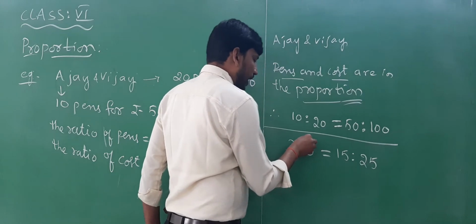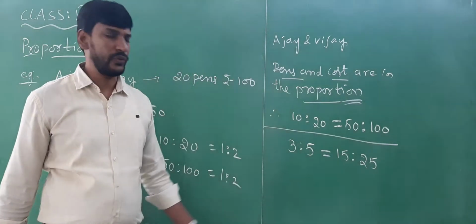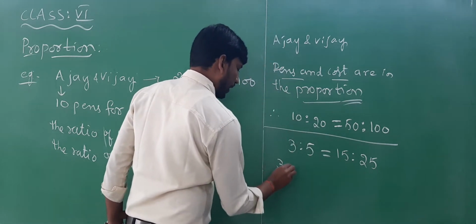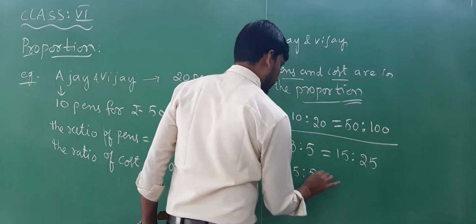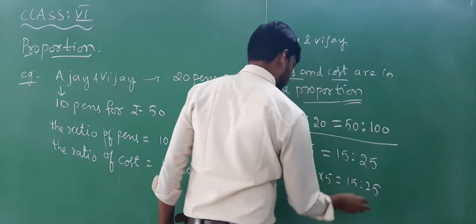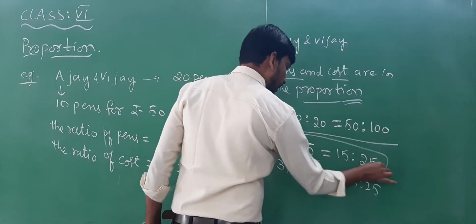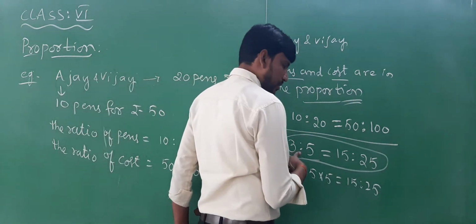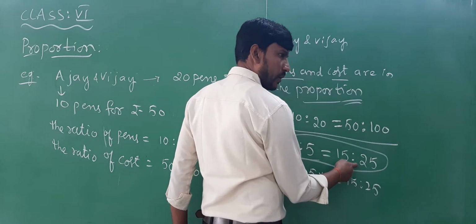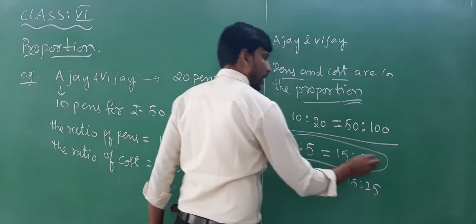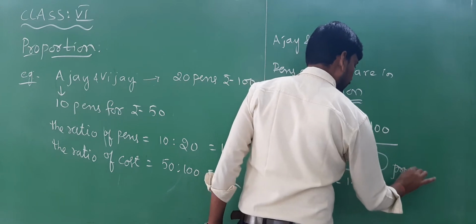Here I am finding the equivalent ratio of this ratio. How to get 15:25? When we multiply by 5, you will get the other ratio, that is 15:25. I am saying that these two are equal. That means finding the equivalent ratio of the first ratio, you will get the second ratio. So we can say that these two are in proportion.